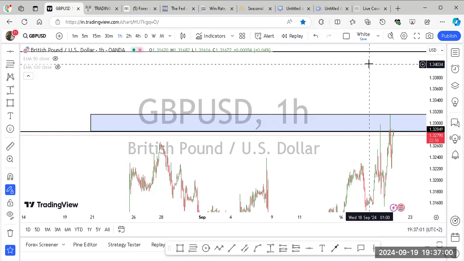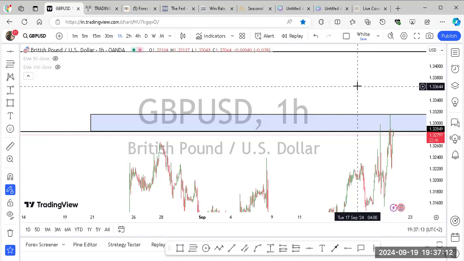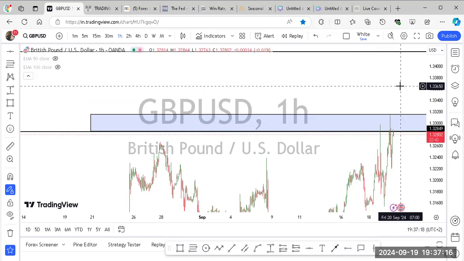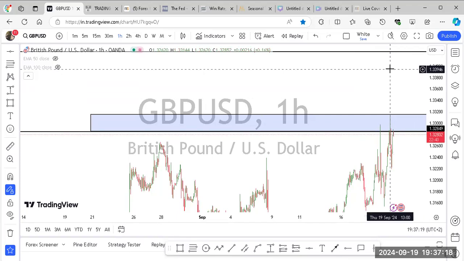Let's say, like we did the other day, you are risking 30 pips. You need to know if you're putting your stop loss here, how many pips is it? Measure that range and understand the lot size that you're using. How many pips is that?